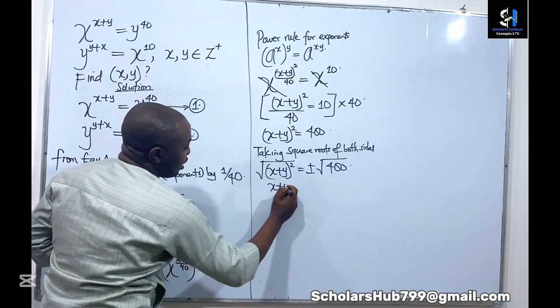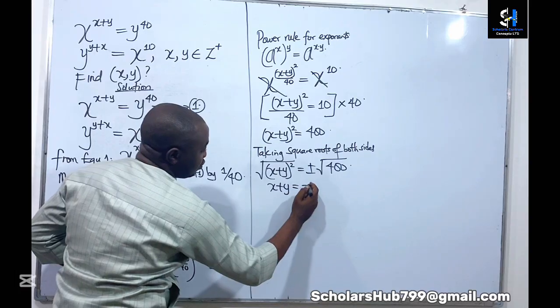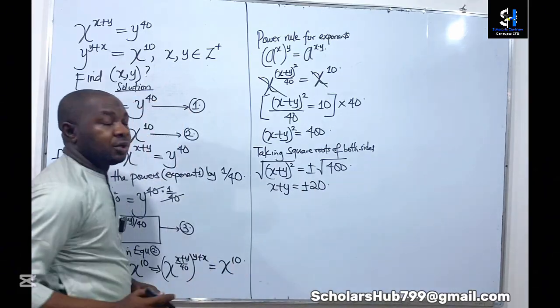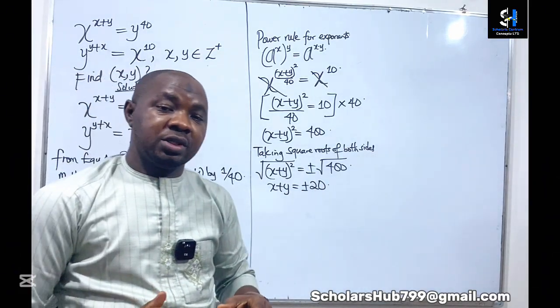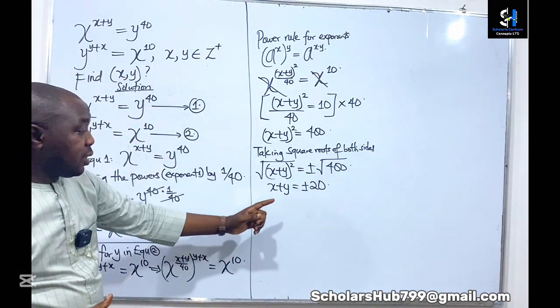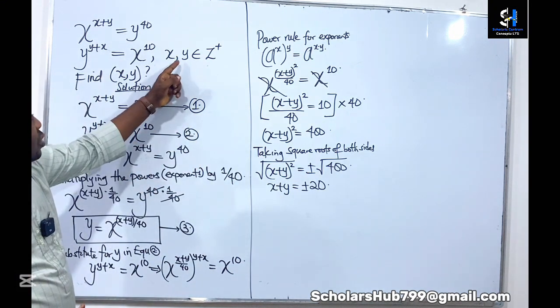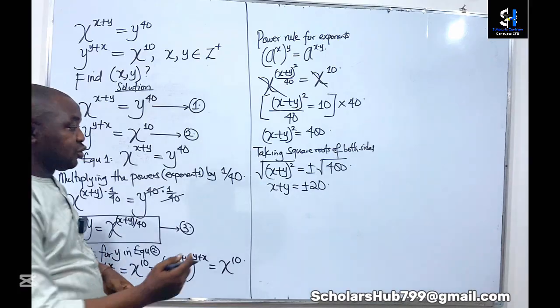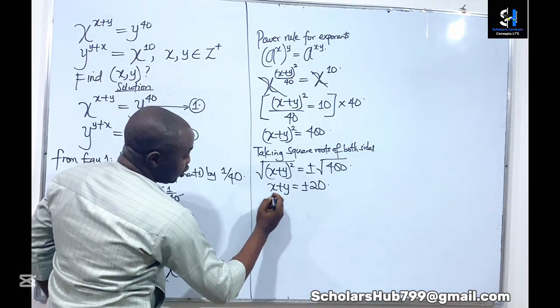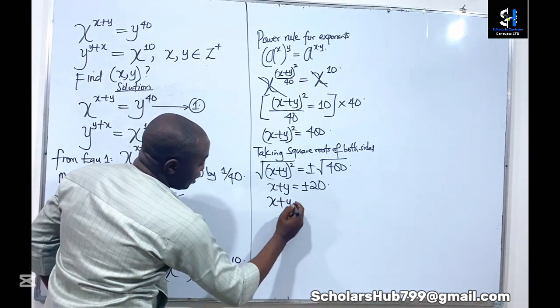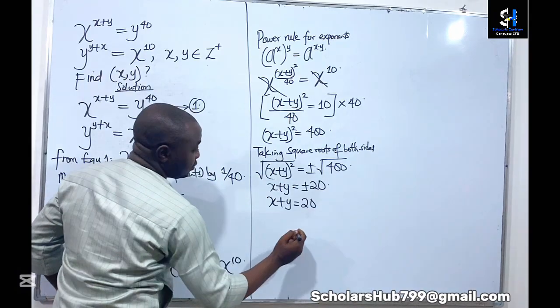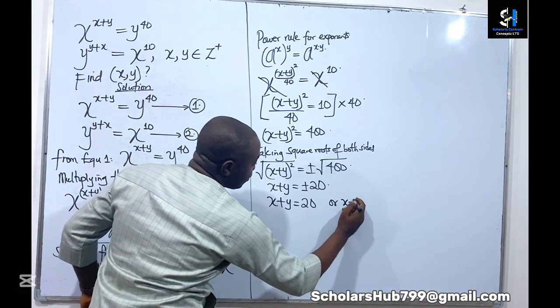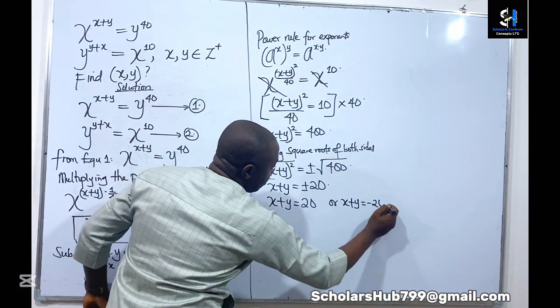So this will be x plus y equals plus or minus 20, because the square root of 400 is 20. Now let's not forget that x, y are elements of the set of positive integers. So we're going to write two equations in this case, which will be x plus y equals 20, or x plus y equals minus 20.